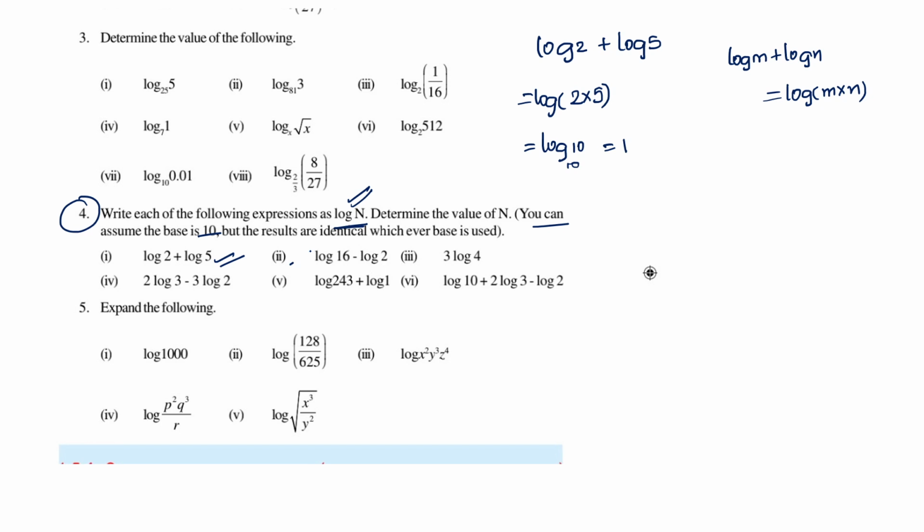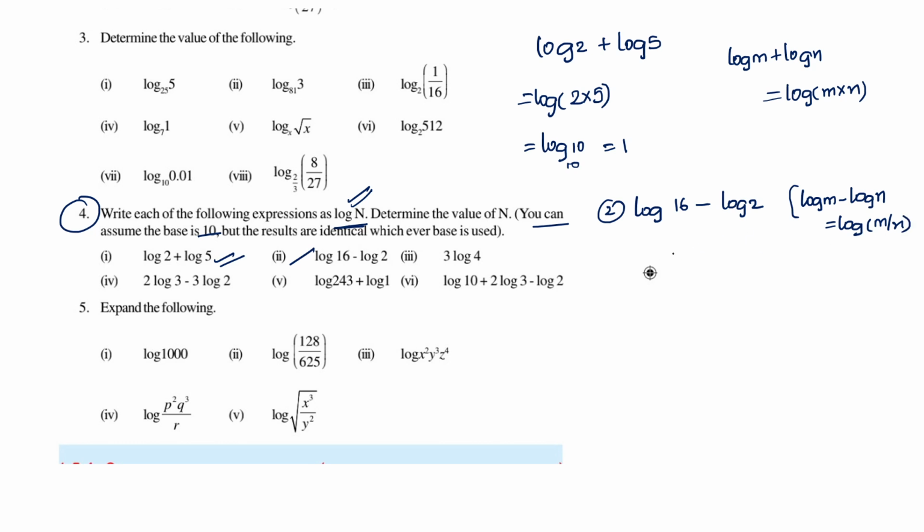Now coming to the second question. Log 16 minus log 2. It is in the form of log m minus log n. Log m minus log n is given by log m by n.